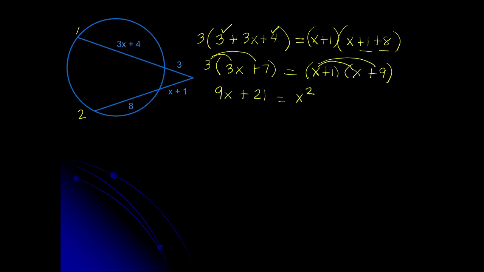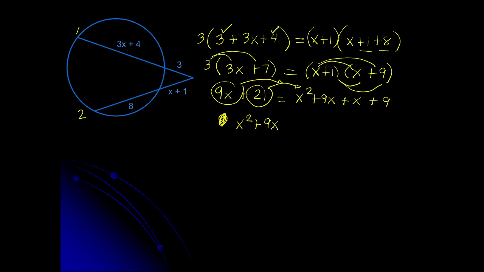X squared plus 9x plus x plus 9. Then transpose the 9x and 21 to make it standard form. So we have x squared plus 9x plus x plus 9, which becomes negative 9x, and negative 21. That's equal to 0. Some will cancel, right? The 9x and negative 9x cancel.